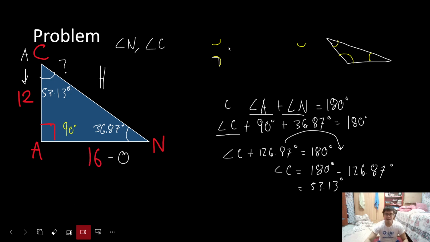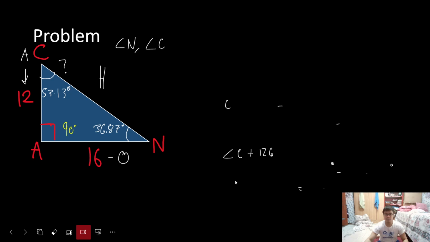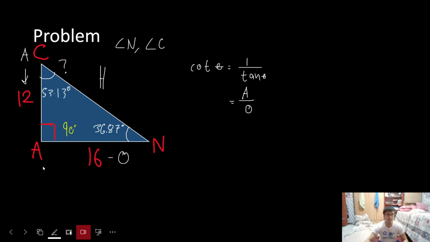There are other ways also to solve this one. You can use the reciprocal trigonometric ratios, which is cotangent theta. Because remember, cotangent theta is the reciprocal of tangent theta, or 1 all over tangent theta, which is, in other words, adjacent all over opposite. And we have opposite and adjacent here.